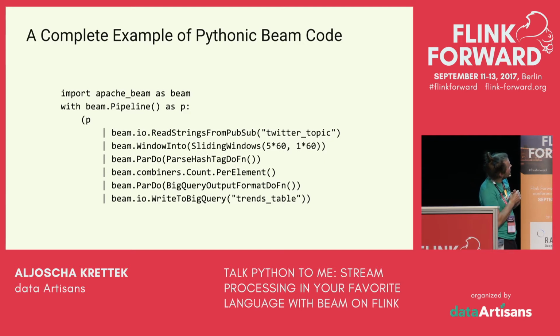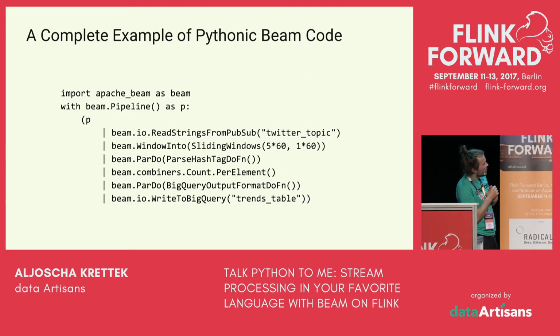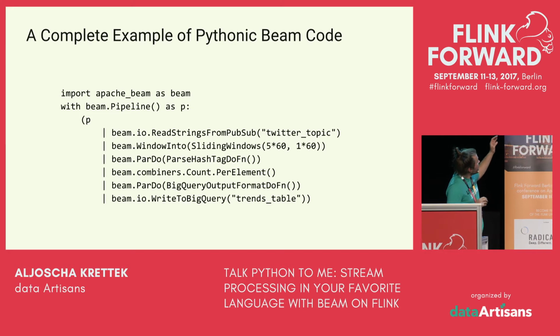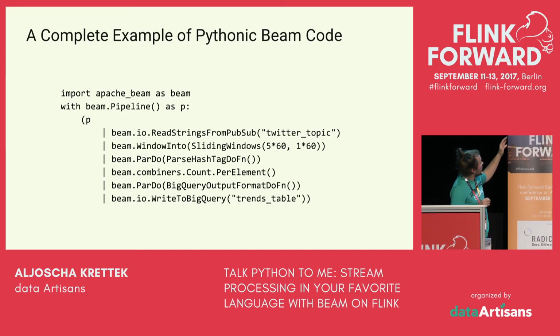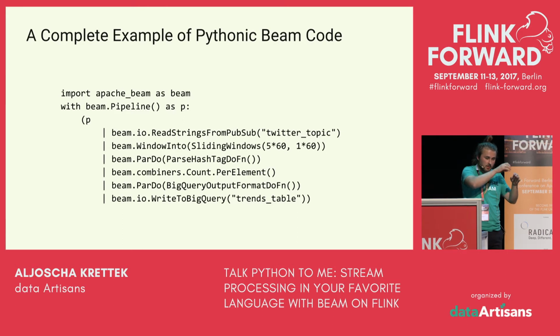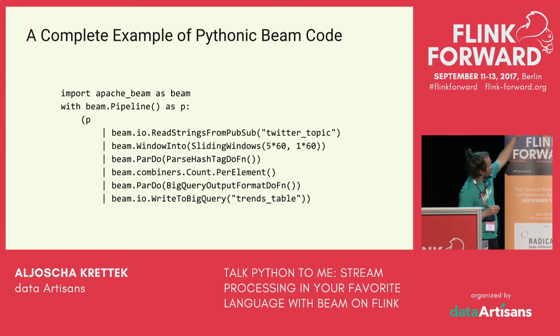So this is not word count, like the classical word count, but it's actually counting Twitter hashtags. And what we see here is that in the Python API, we create a pipeline, which is this basic concept that contains PCollections and PTransforms. And then we build our transformations.